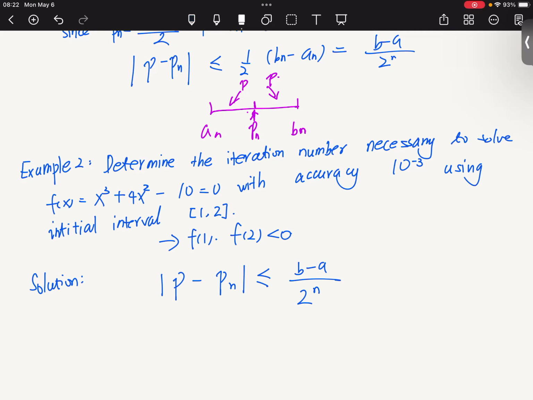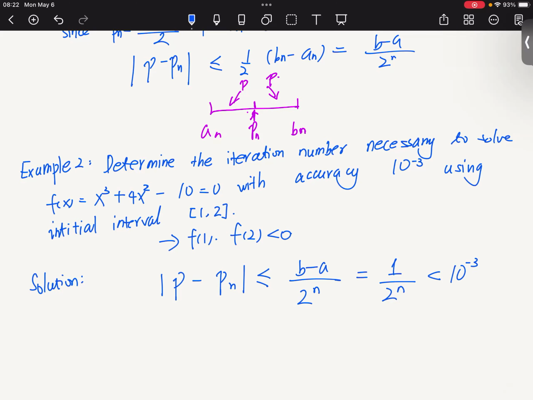So b minus a is just 1, so we have 1 over 2^n. On the left-hand side is the error of the approximation, and on the right-hand side is the bound. We want this bound to be smaller than the tolerance, which is 10 to the negative 3.